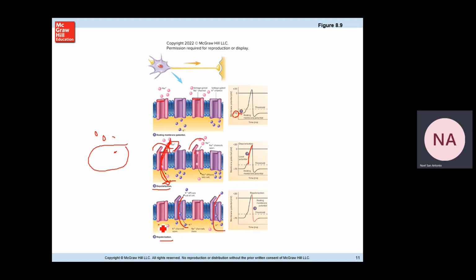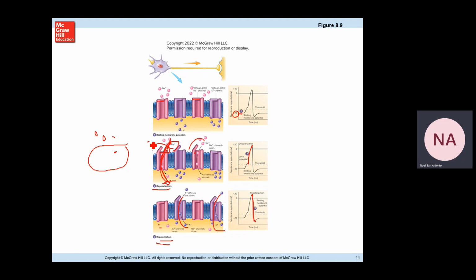From positive, the charge of the inside of the cell will again become negative. And the change in the potential of the cell from being positive going back to negative is called repolarization.